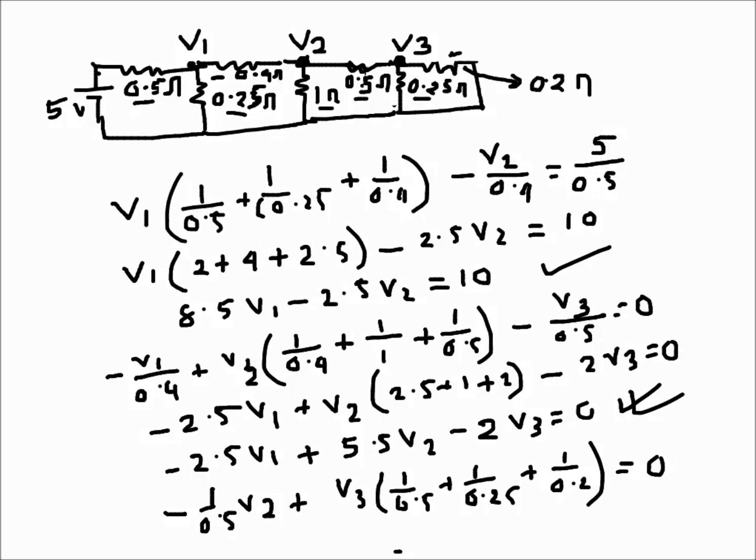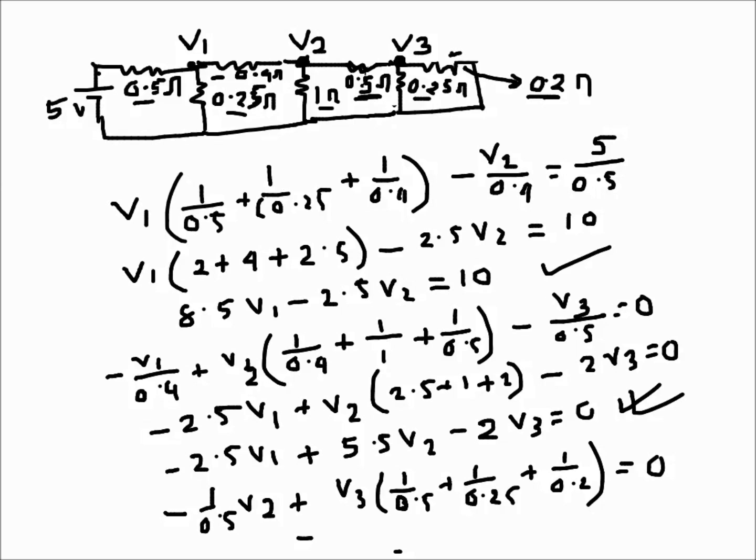So just going through it once: 0.5 because V3 has 0.5 here, this resistance, then the other resistance connected to ground, and then 0.2 is this one. So all the resistances that are connected to the node come as inverses, and the adjacent node and the resistance with which it is connected to the adjacent node comes as a negative, and that node as well.